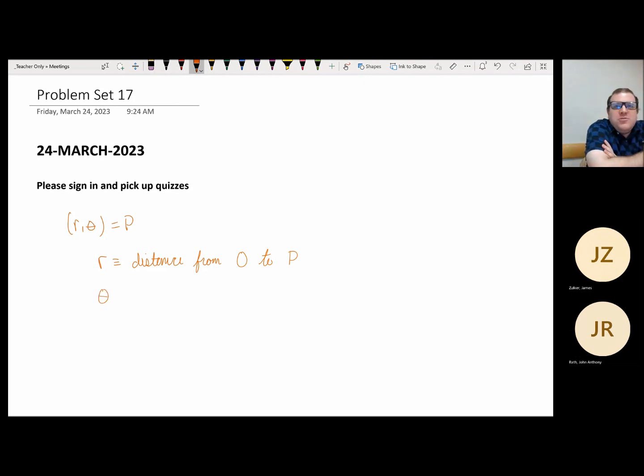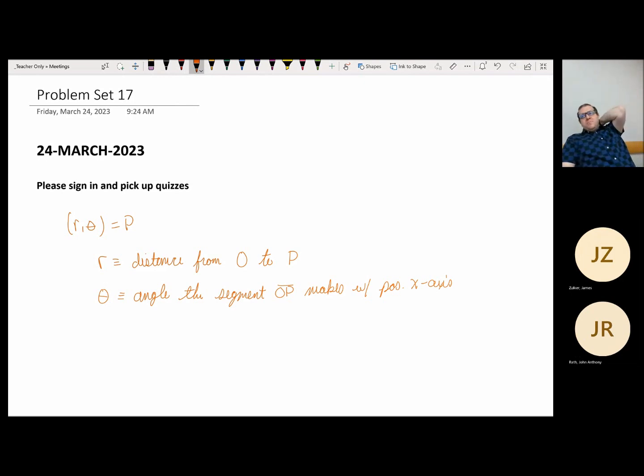R is the distance from the origin to the point, and theta is the angle that the segment OP makes with the positive x-axis.